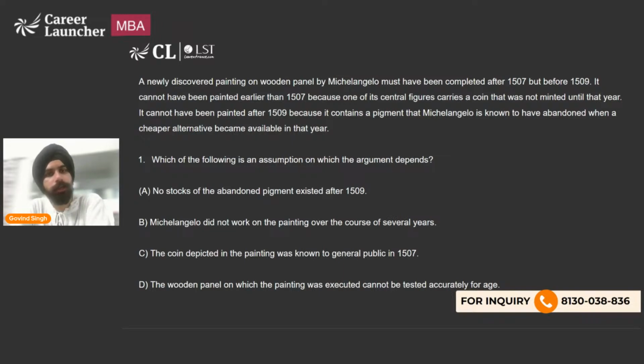Please read the question and the options very carefully. The options can be confusing. Also, in this particular question, pay extra attention to the facts given in the passage.